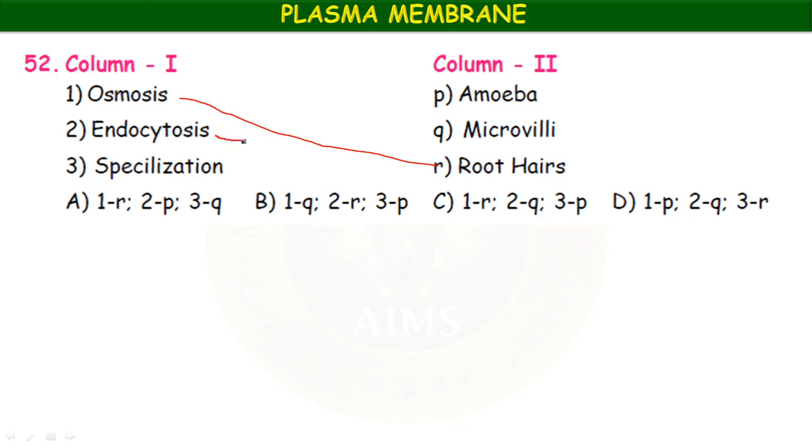Endocytosis, it is a process by which amoeba engulf the prey. Specialization, the absorption of the digested food material by microvilli, it is a specialization. So here 1R, 2P, 3Q, option A.